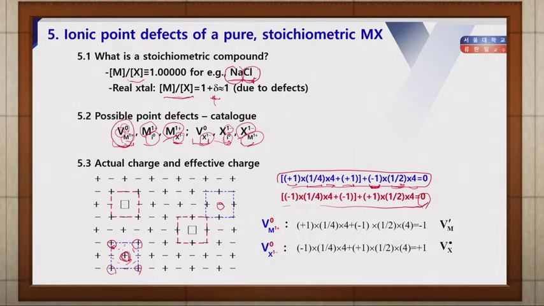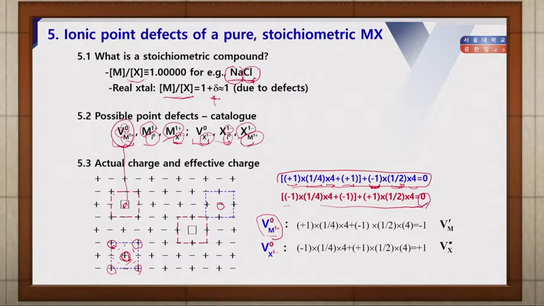This species here. Let's count how many charge units this unit cell has. Now you see, we have a vacancy which has 0 unit charge sitting on the cation site with actual charge of +1. Don't forget this notation, okay?